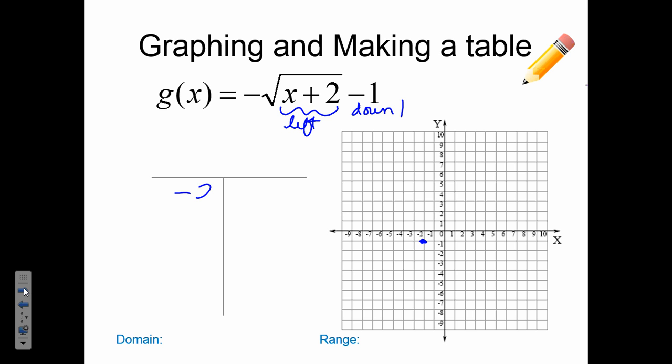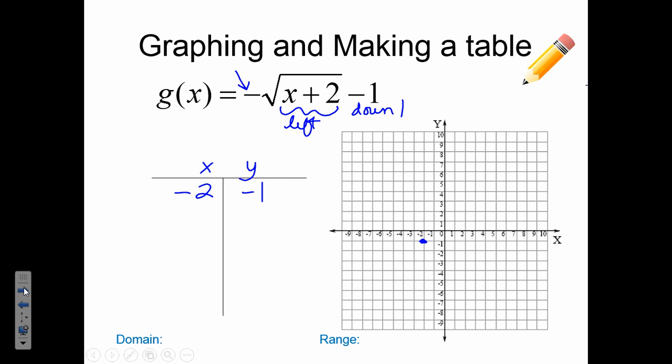So negative 2, negative 1 for the very first x and y values in my table. Now remember, the other clue in this one is that negative out in front. That's a reflection. That means it's going to flip the graph over. So if it was a graph that looked like this, like square roots do, now my graph is going to look like this, flipped over. Okay, so we should expect that sort of shape.